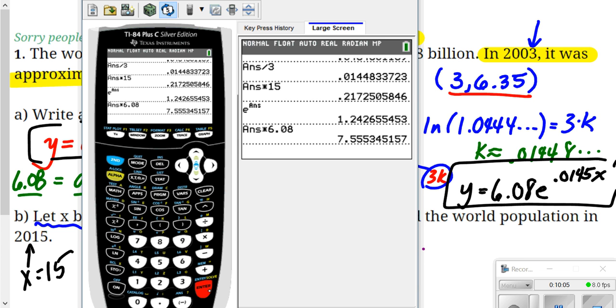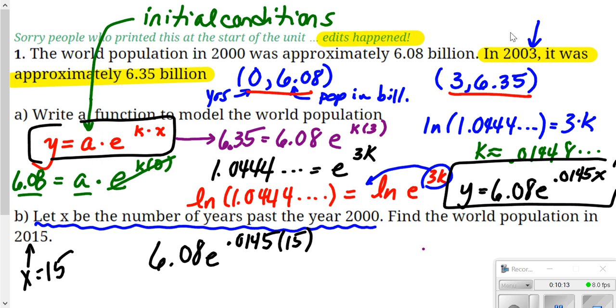Okay, and so I got about 7.555 billion. When I looked that up on the interwebs, it kind of was an overestimate. So the growth rate between these 2 years maybe overshot what happened in reality. That's what modeling is. Modeling is our best estimate of what would happen before it actually happens.